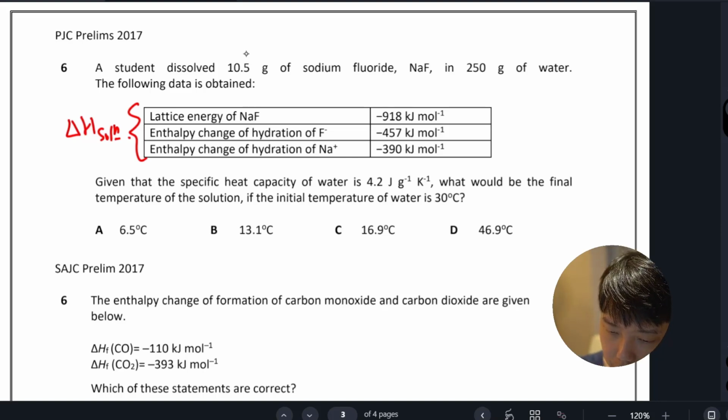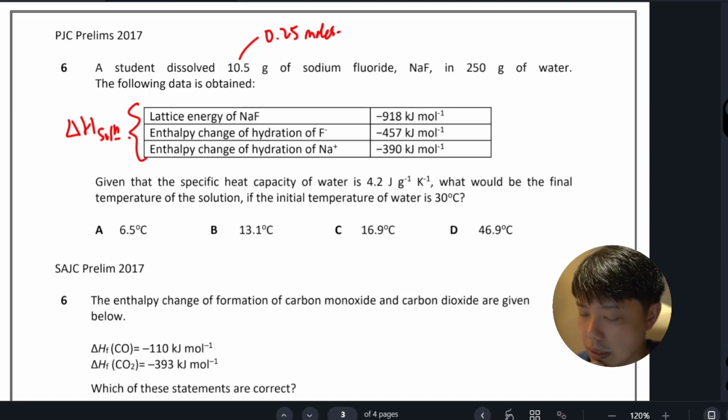You find number of moles from 10.5 grams, which is 0.5 moles. Then you take your delta H solution, multiply by the number of moles, and you get your Q. And Q is equal to mc delta T.